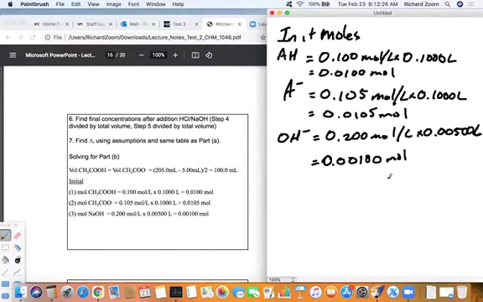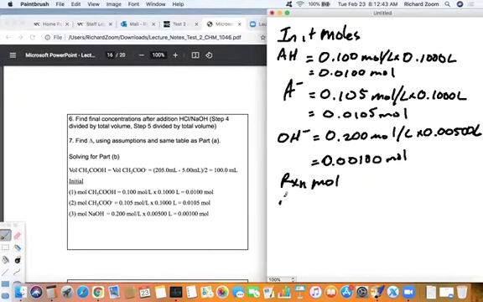The next thing we need to do is figure out the reaction moles, or what happens after the OH minus reacts with the AH in this case here, and what happens to the AH and what happens to the A minus.